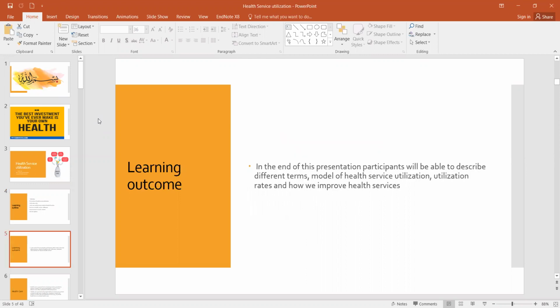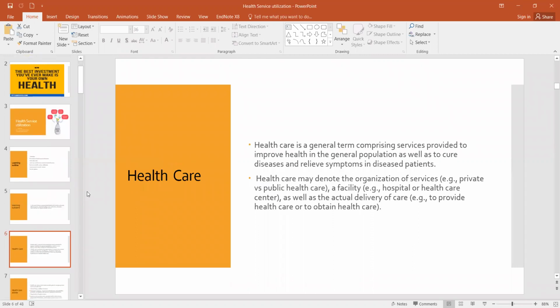At the end of this presentation, participants will be able to describe different terminologies, the model of health service utilization, utilization rate, and how we improve health services.